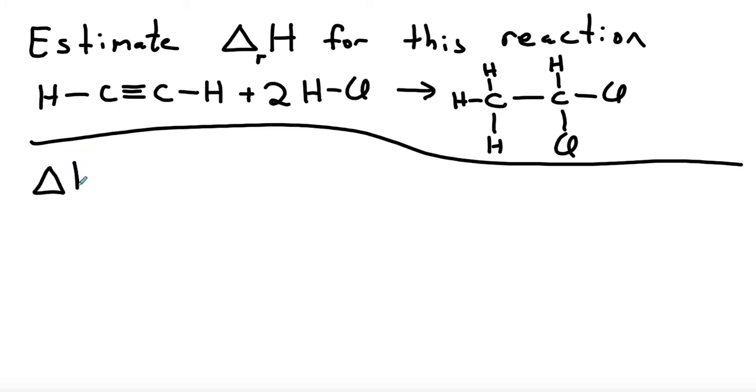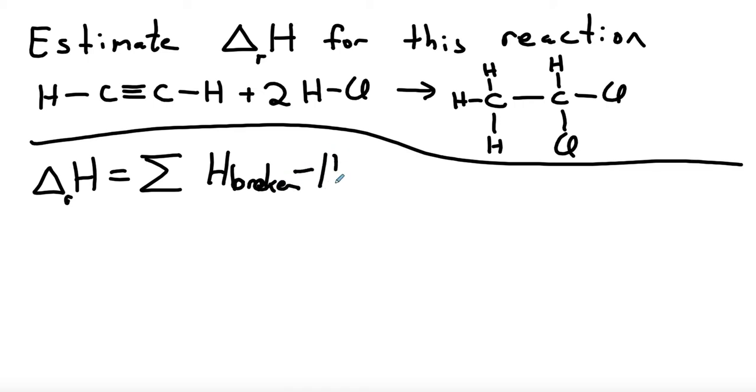Delta H is equal to the sum of the energy of the bonds broken minus the sum of the energy of the bonds that are made. This is just a summation, it just means you add it up. So it's the total of the energy for the bonds that you break minus the total of the energy for the bonds that you make.